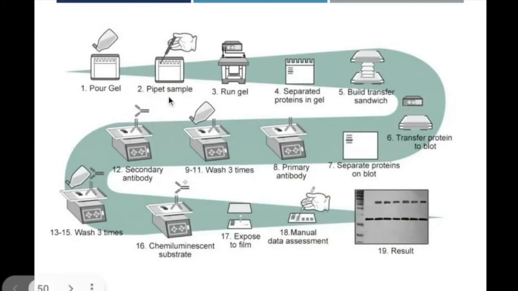You pour the gel, pipette the sample, run the PAGE, and then you get your gel and build the transfer sandwich. You put your membrane here, your gel, and run it for about 1 hour, and then the proteins are separated onto your blot, your membrane. Then you incubate with primary antibody, wash 3 times, add secondary antibody, and then chemiluminescence substrate to expose your antibody for detection on film. Okay, so we will get this result.